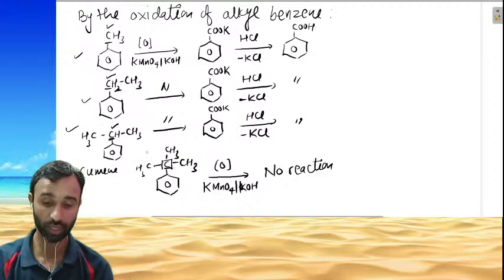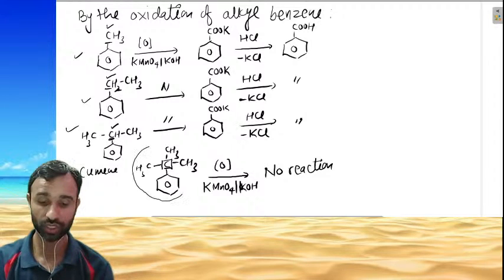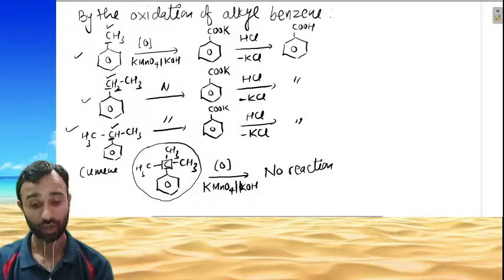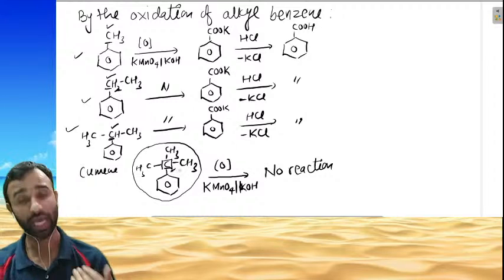Say in tertiary butyl benzene, this is tertiary butyl benzene. In tertiary butyl benzene, there is no hydrogen on the benzylic carbon, or we can say there is no benzylic hydrogen. That's why it is not oxidized.